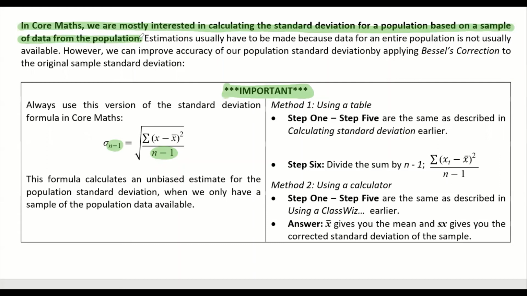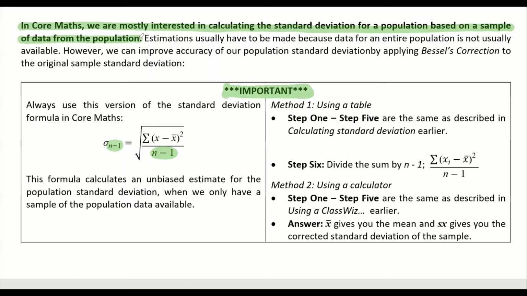When you're taking data that is based on a sample from a population, that means that we don't have access to all the data for the entire population. It might not be available. For example, a census is a sample of the population because not everybody will fill in the census form. So you have to judge it as an approximation.